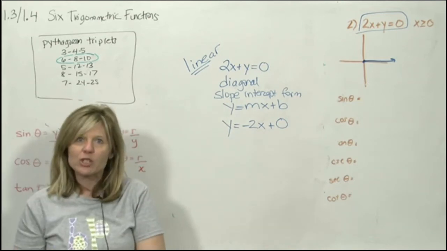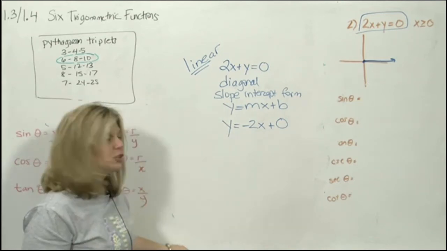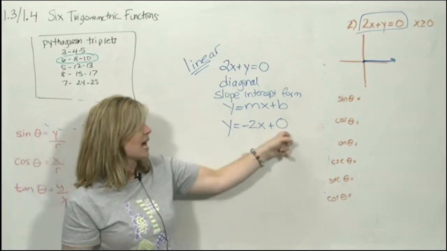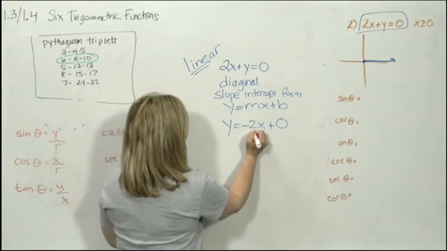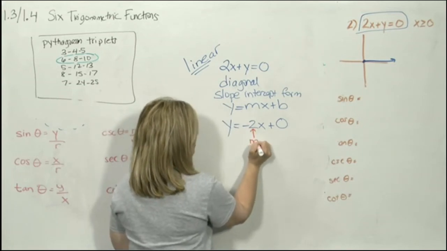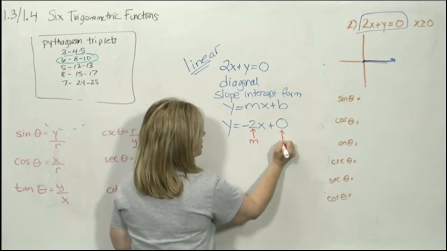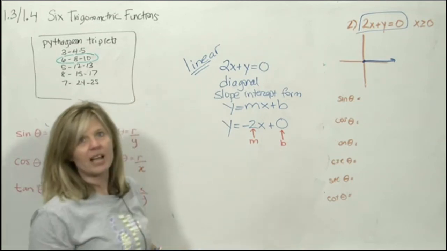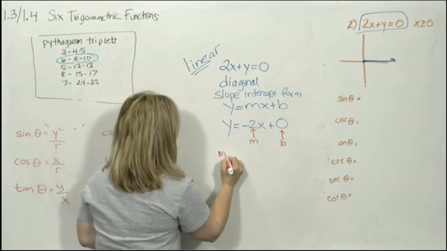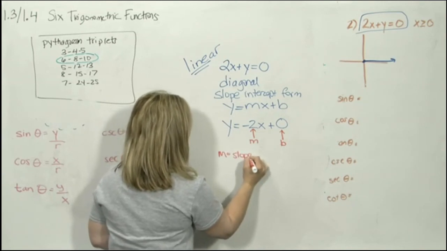Do you remember why we do that? We do that because the 2 numbers on the right side are the information we need to take to the graph paper. This negative 2 is in the spot for m. This 0 is in the spot for b. Now you have to know what these words mean. These are abbreviations. m stands for the word slope.